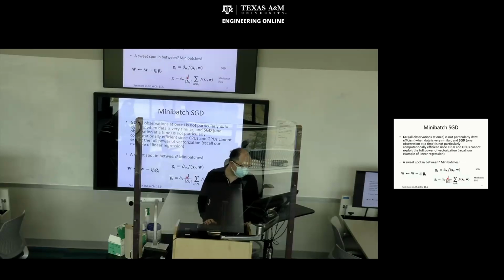Now, what about mini-batch? So GD, using all observations or examples at once, is not particularly data efficient when data is very large.